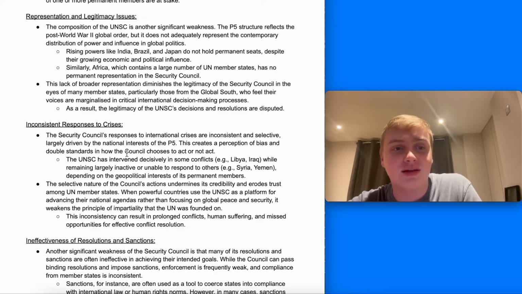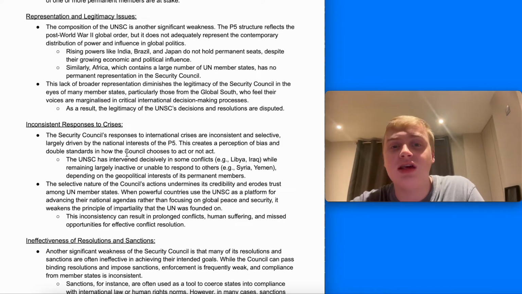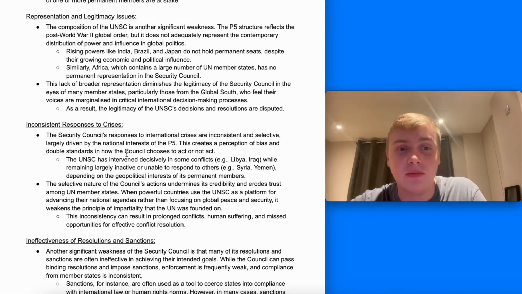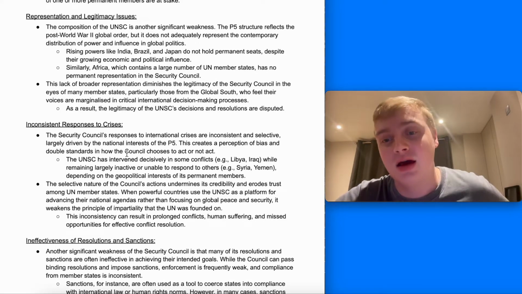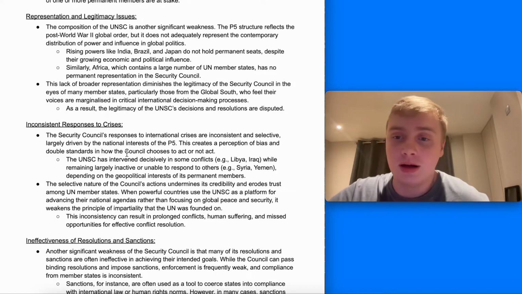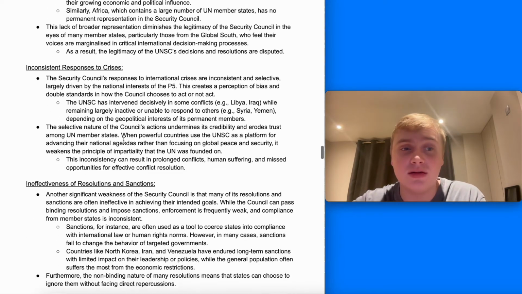Similarly, Africa, which contains more UN member states than any other continent, has no permanent representation in the Security Council. And this lack of broader representation diminishes the legitimacy of the Security Council in the eyes of many member states, particularly those from the Global South who feel their voices are marginalised in critical international decision-making processes, which continue to be dominated by the United States, Russia, China, the United Kingdom, and France. Therefore, a lot of the time, the legitimacy of decisions can be disputed.